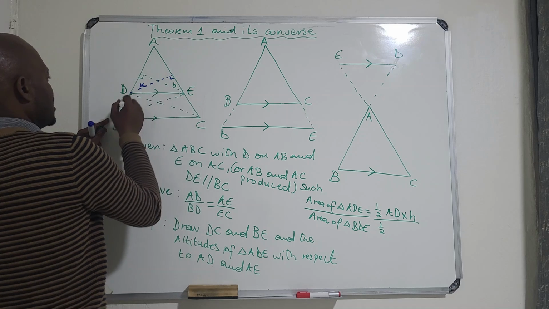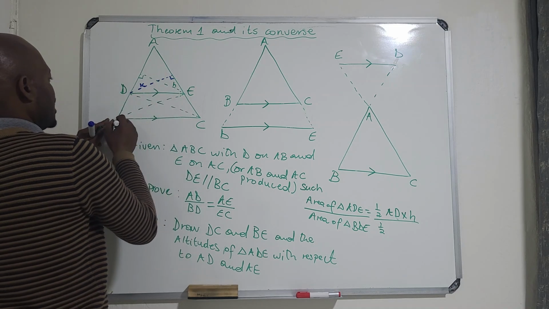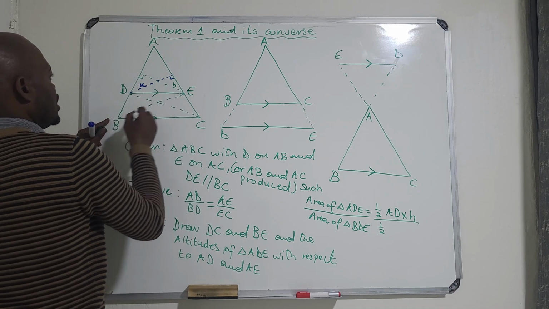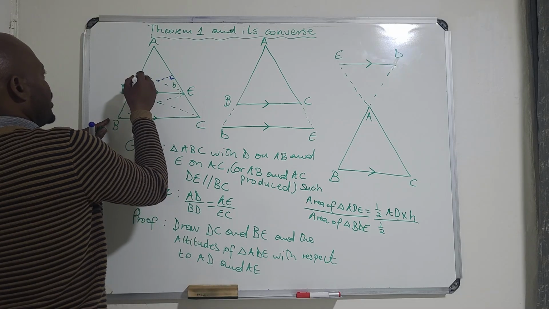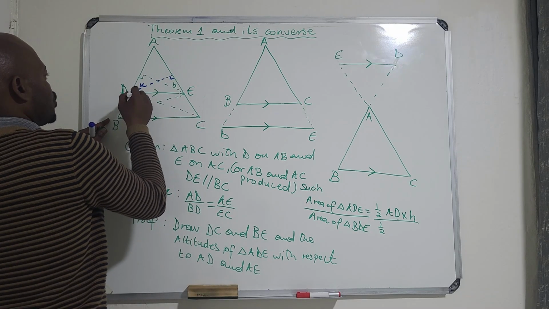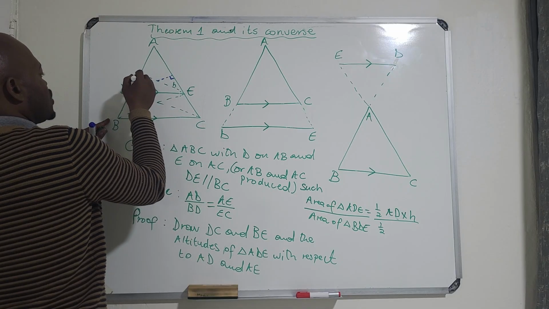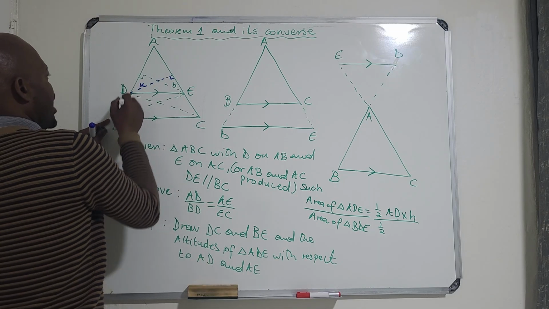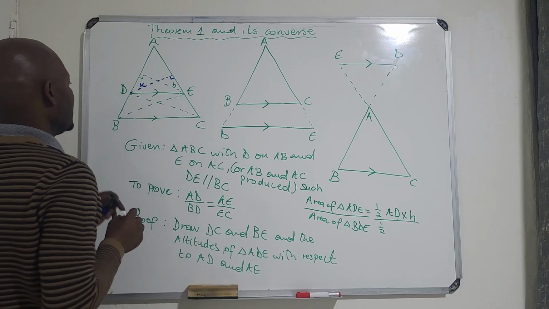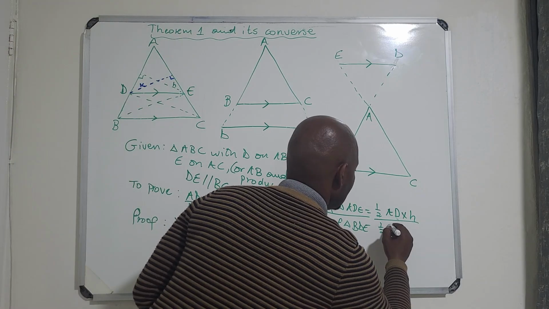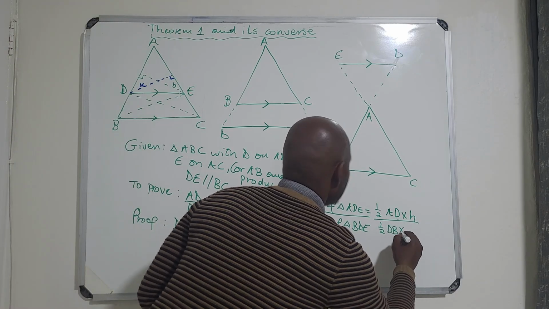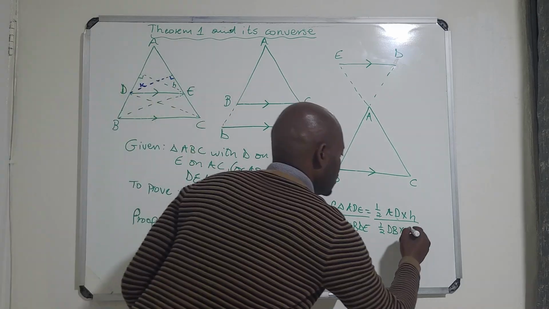Don't forget, that's where we started in part 3, where if it's obtuse, we construct outside. Therefore, we have our base to be DB times the height, which is that.